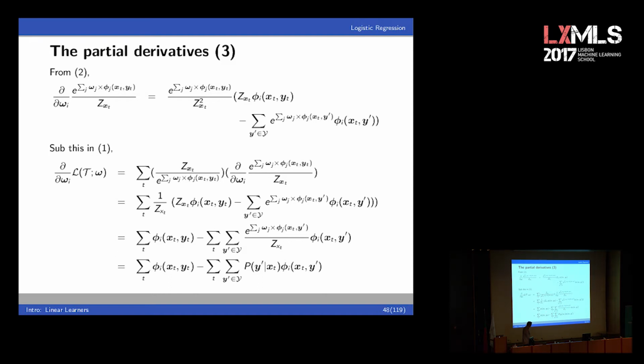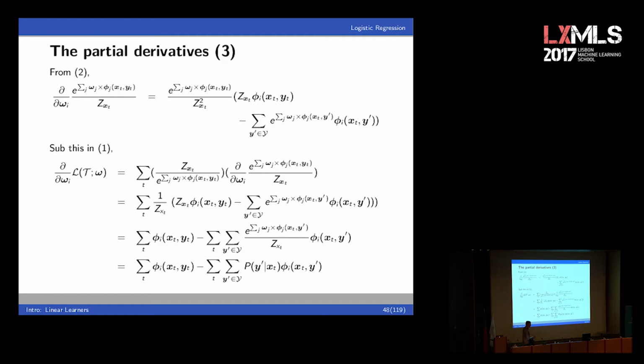This term here is very simple in what it says, and this is why this derivative is instructive. What it says is you are counting in your training data all the instances of the features for each feature vector, and on the other hand, you have the expectation of this feature vector under your model.